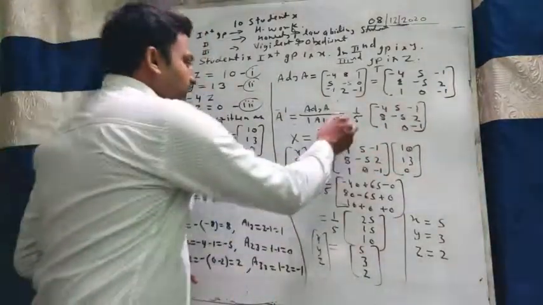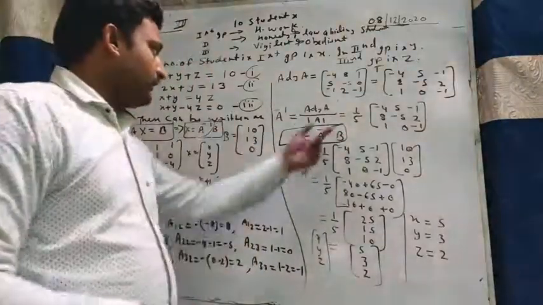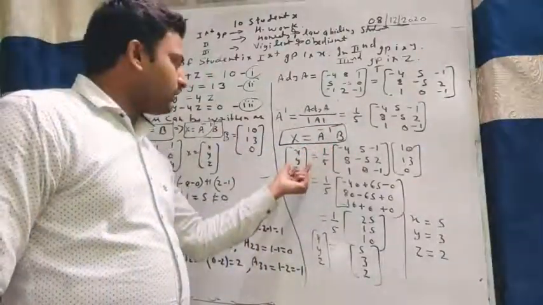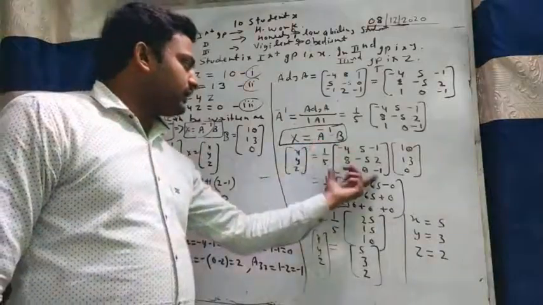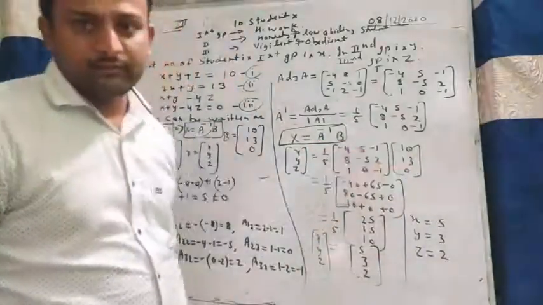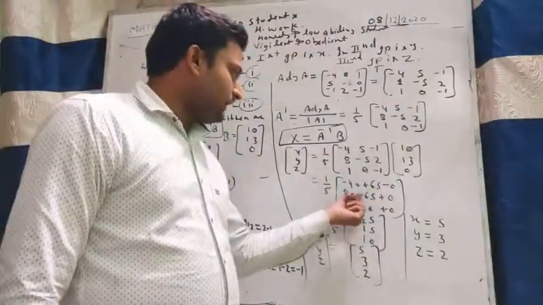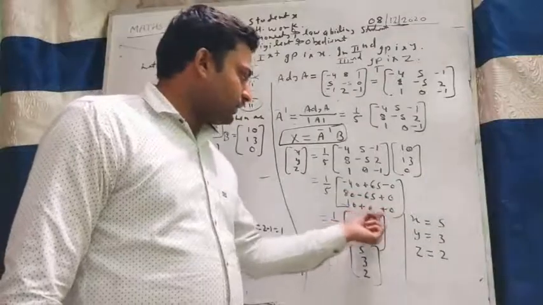Now students, we have to find the value of X, Y, Z. Now we'll put the value of A inverse in this equation. So our X is this, and our A inverse is this, and our B is this. Now we'll multiply this with this and get what? Minus 40 plus 65 is 25, 80 minus 65 plus 0 is 15, 10 plus 0 plus 0 is 10.